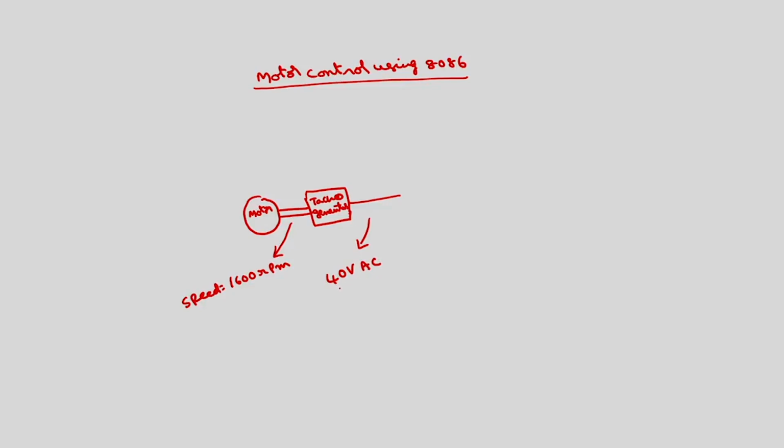This 40 volts is a high voltage which cannot be directly connected to the microprocessor. So, you have to step down this voltage using a step down transformer. Then you have to connect to a precision rectifier to convert AC into DC, because this is AC.